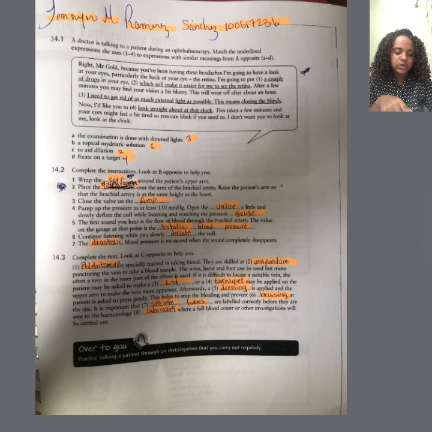The first sound you hear is the flow of blood through the brachial artery. The value on the gauge at that point is the systolic blood pressure. Number 6. Continue listening while you slowly deflate the cuff. Number 7. The diastolic blood pressure is measured when the sound completely disappears.